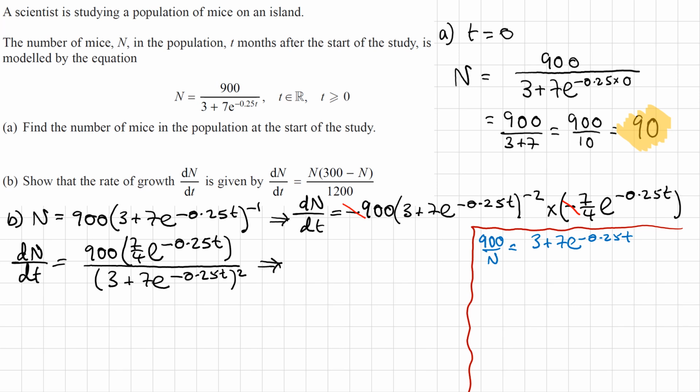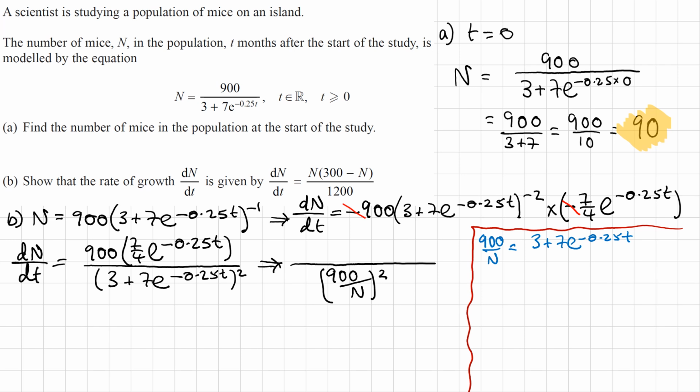And so I can replace 3 plus 7e to the negative 0.25t with 900 over n. Now that's what I've got in the denominator here, and it's squared. So I can now write 900 over n all squared.